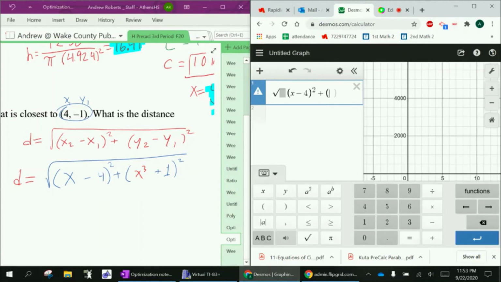We replaced it with x cubed. Now, I'm going to be lazy. That's x times x times x, x cubed, plus 1 squared.